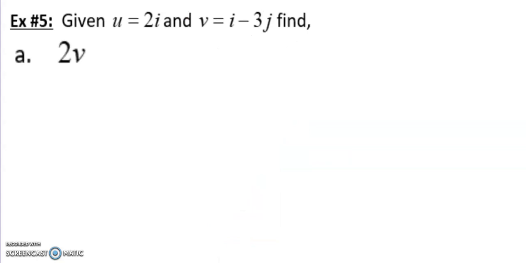So if I said find 2v, the same rules that we just talked about apply. So we are going to take 2 and we are going to multiply it by the vector i, nice and bold, minus 3j. We like to do it bold because it's letting everybody know it's a vector. And I didn't write it as a vector.